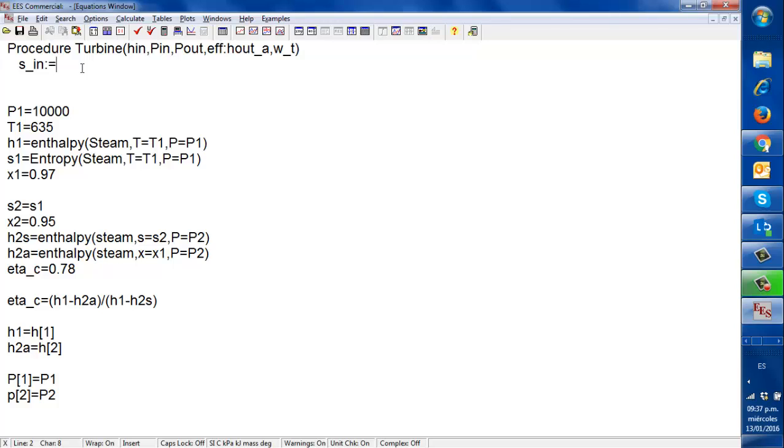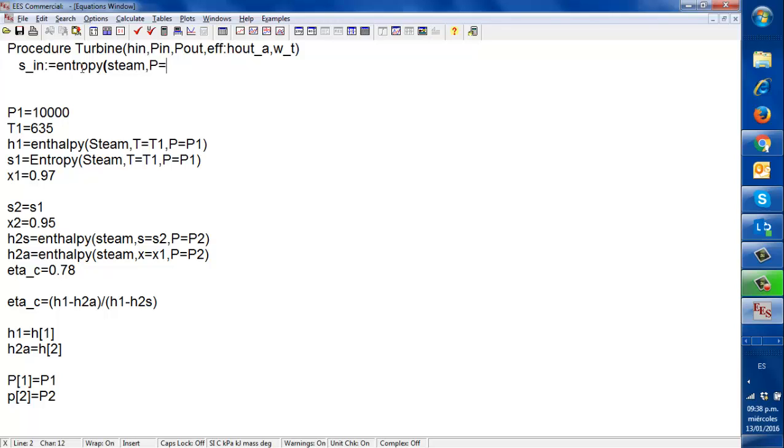It will be entropy of steam at pressure equal pressure in, and H equal H in. I'll put underscore on everything.